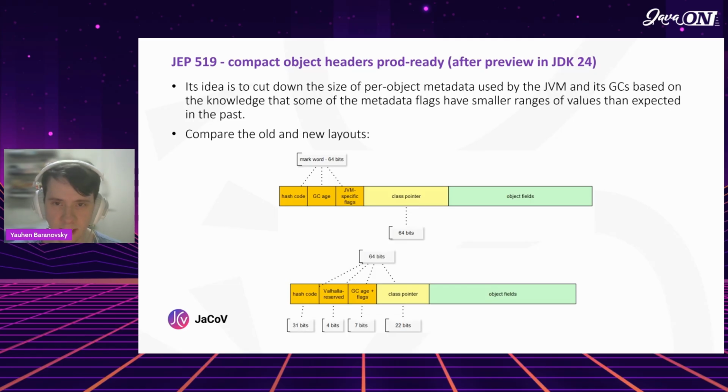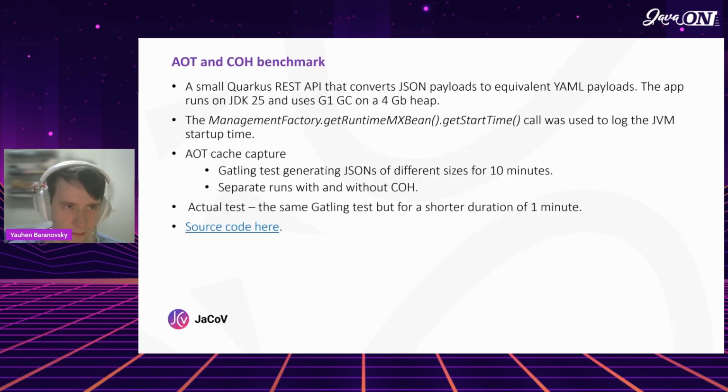Based on practical observations, it was possible to assume that the JVM needs far less memory per Java object to hold all the necessary structures. That assumption has finally been successfully validated in JDK 24, and now we are able to use it in production to shrink the JVM memory footprint.